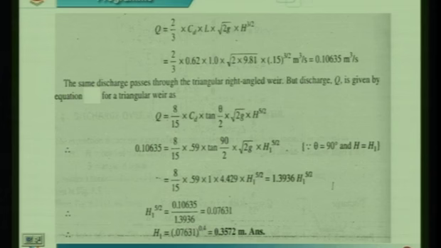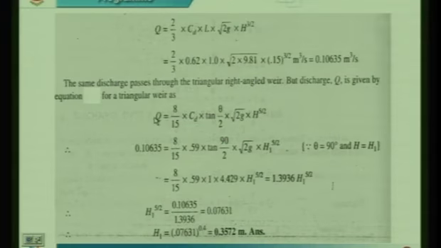Now, with that discharge, consider the discharge equation for a triangular notch or weir. That is given by Q is equal to 8/15 CD root 2G tan theta by 2 into H raised to 5/2.